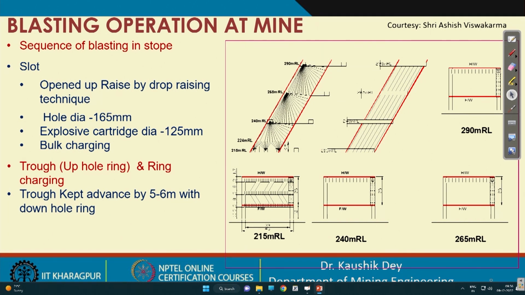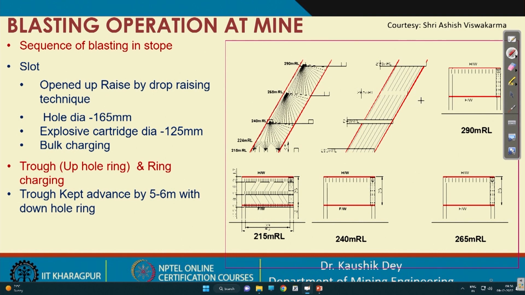As the long drill holes are made, that is why the diameter has to be increased, otherwise the hole will deviate a lot. So, the concept of this one is that the ring has to be made either from the sides or from the middle. So, it depends on which way we are carrying out our development.